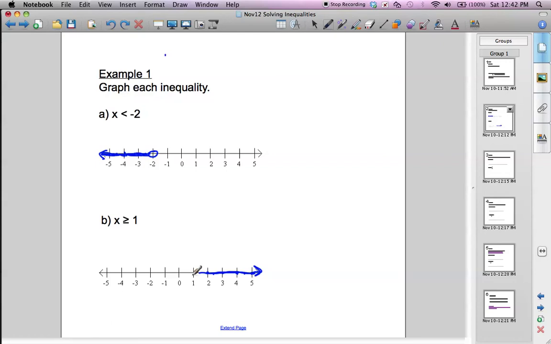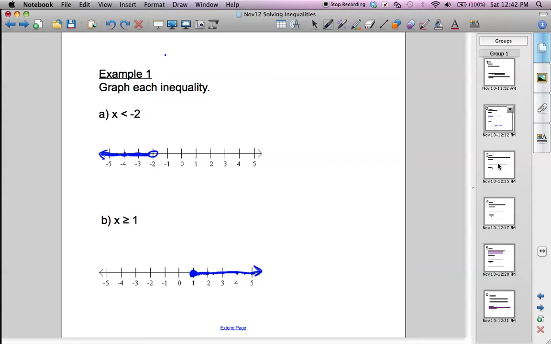And at x equals 1, well, x can be equal to 1, so we make a solid dot here. That's the main difference between these two graphs. This one has a hollow dot because there's no equal to sign. This one has a solid dot because it's greater than or equal to. So this graph indicates all the possible solutions to x is greater than or equal to 1.